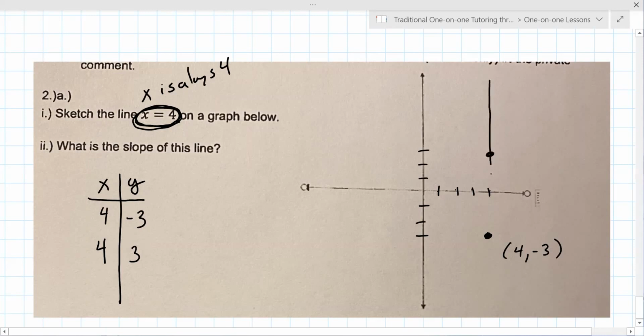What kind of line is this that goes up and down? This is a vertical line. X equals 4. Okay. All right. I'll let you get caught up here.